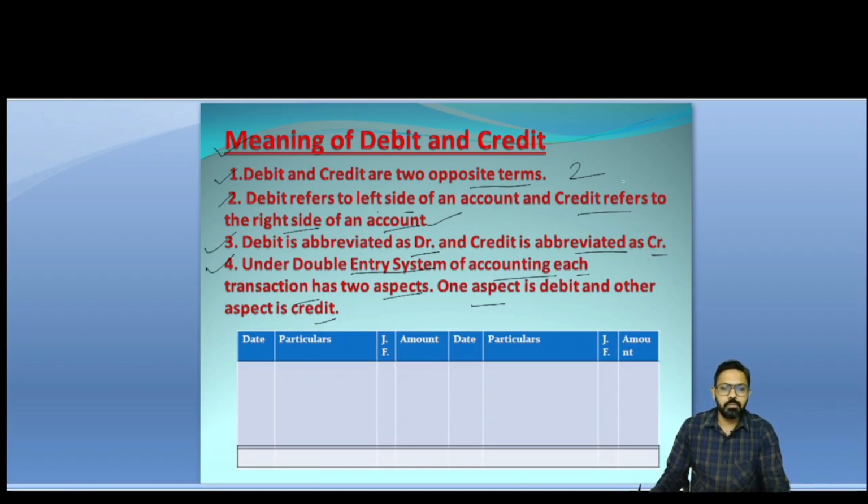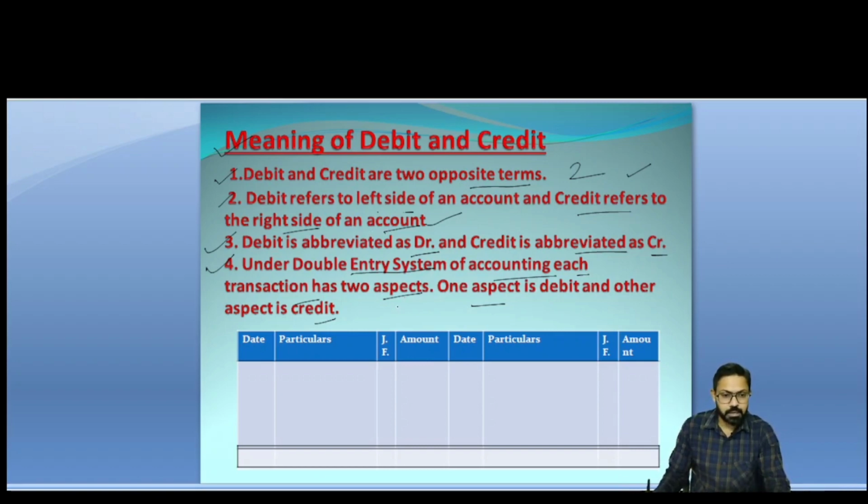If you are going to buy something in a market, you pay cash and receive the things you want. So there are two aspects, things and cash. We are talking about those two aspects, one is debit, the second is credit.